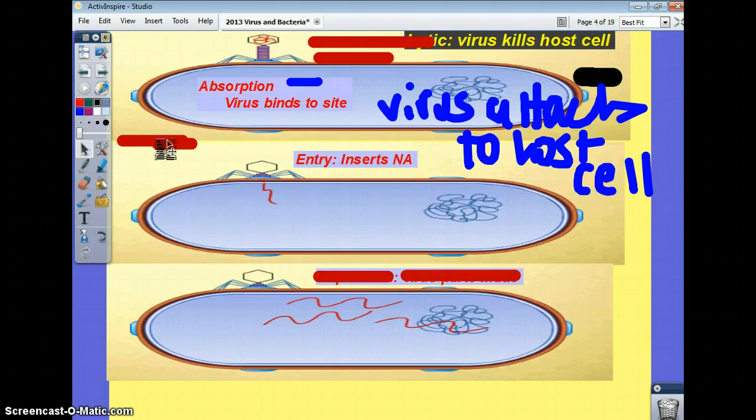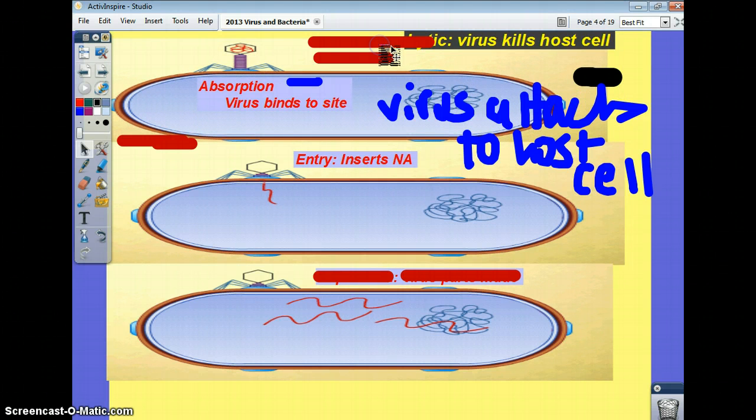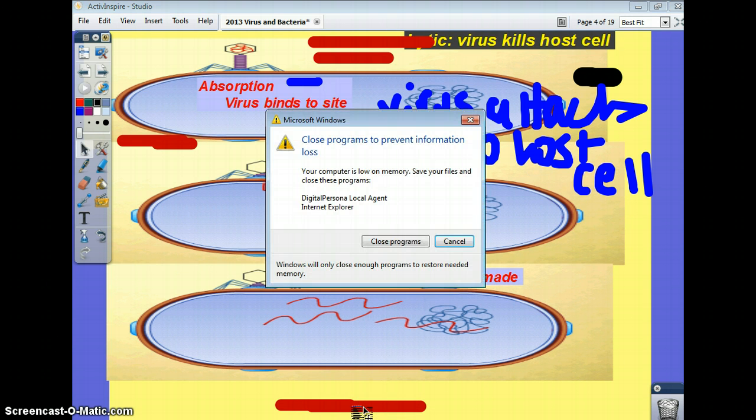Then what happens? What's happening in that third picture? The DNA from the virus is incorporating into the DNA of this host cell. No, this is lytic. Whoops. It's replicating. Replication occurs. What replicates? All virus parts. So name me the 3 things that are replicating.